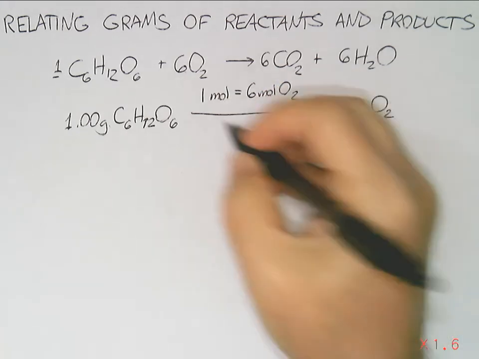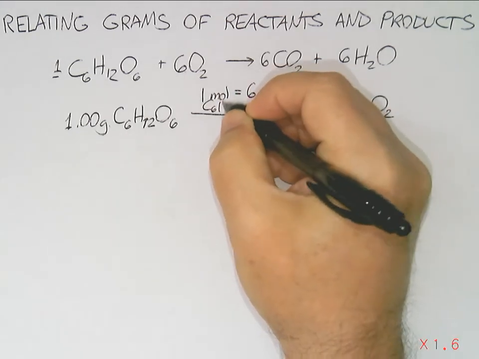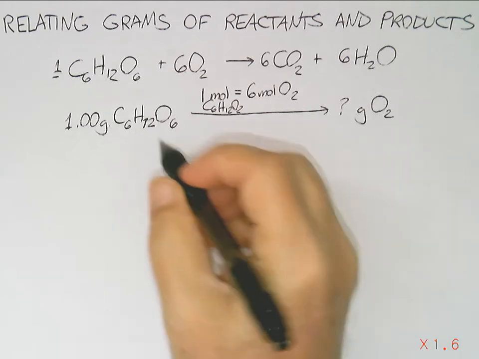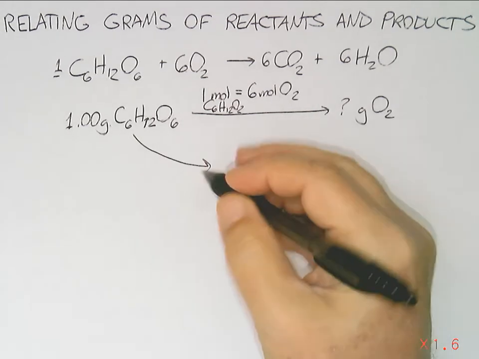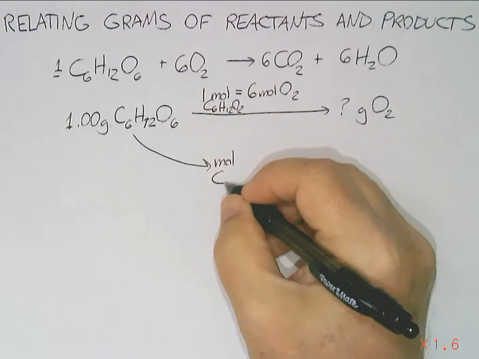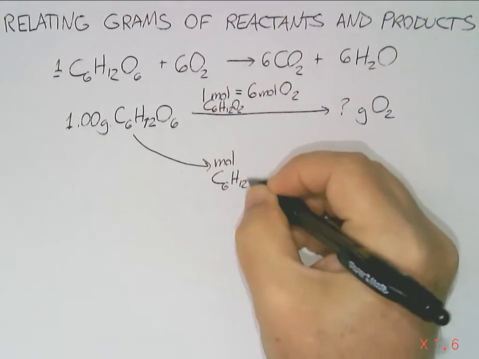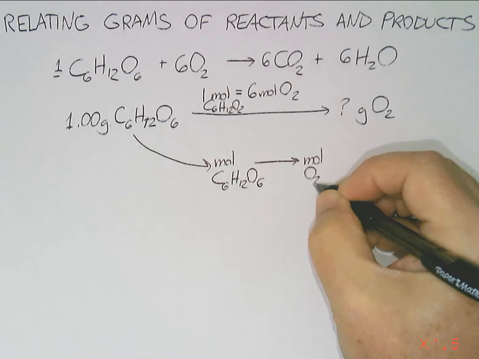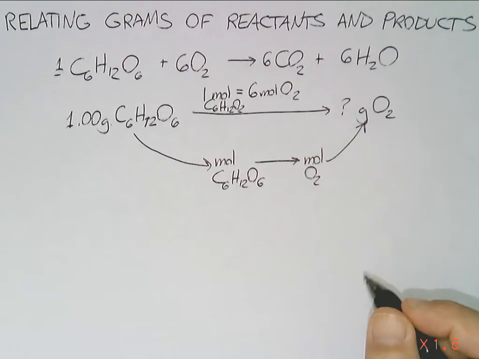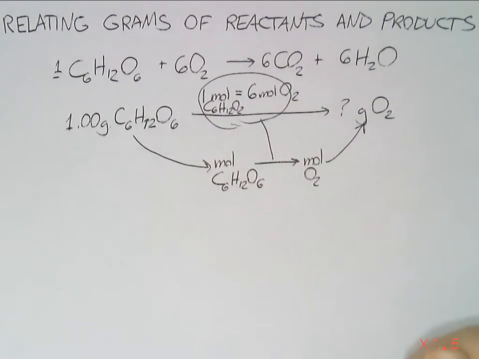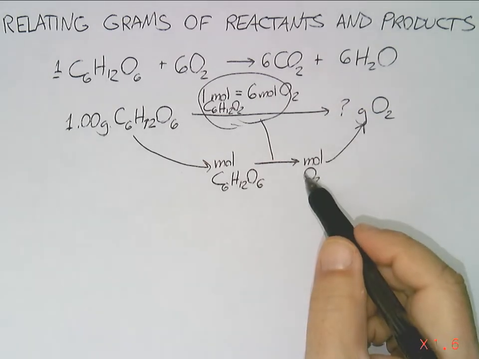But what I can do is go from grams of this to moles of this, to moles of O2, to grams of O2. So this link that I have here helps me do this. The critical link is right in the middle. I'll drop it into the middle of my roadmap.